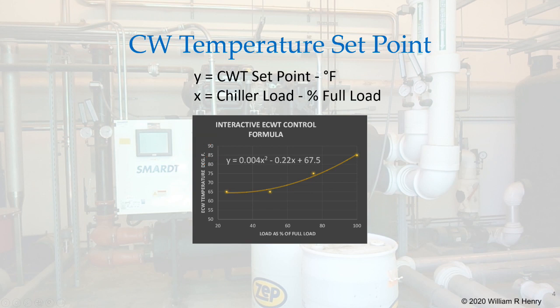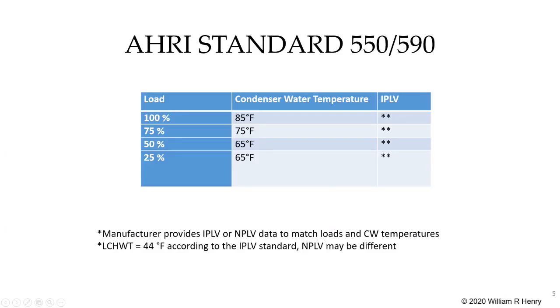Now, the conservative data points shown on the chart come from Standard 550 of the Air Conditioning, Heating, and Refrigeration Institute, and I'll refer to this as the AHRI profile. You probably recognize these data points as the ones used by manufacturers to provide the required IPLV, or part load efficiencies, as required by code.